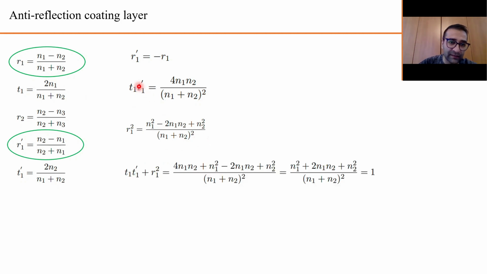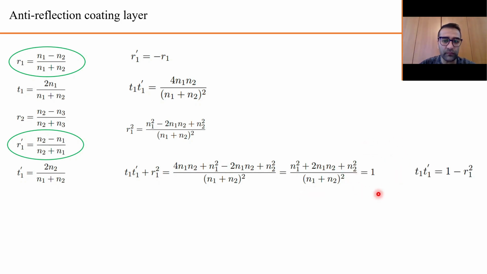And if I add both sides of this equation to each other, it will be t1 t'1 plus r1 squared at the left, and at the right, because the denominator is common, in the numerator we will have 4n1 n2 plus n1 squared minus 2n1 n2 plus n2 squared, and the n1 n2 terms will cancel, and we know that this term and this term are the same, and it will be 1.